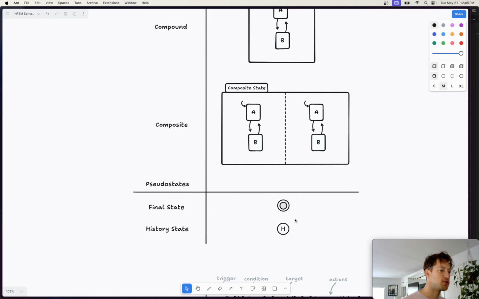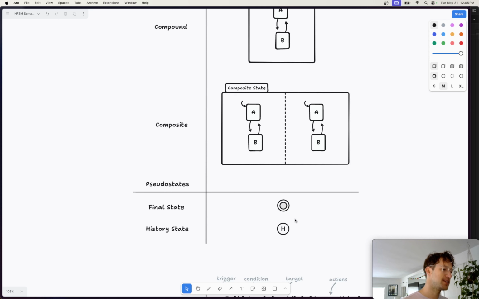There are also pseudo states. These are states that have some extra functionality or some extra semantics or meaning to them. A final state is when you enter a final state, you can't get out of it. You're done at that level of the hierarchy. You're done transitioning between states.